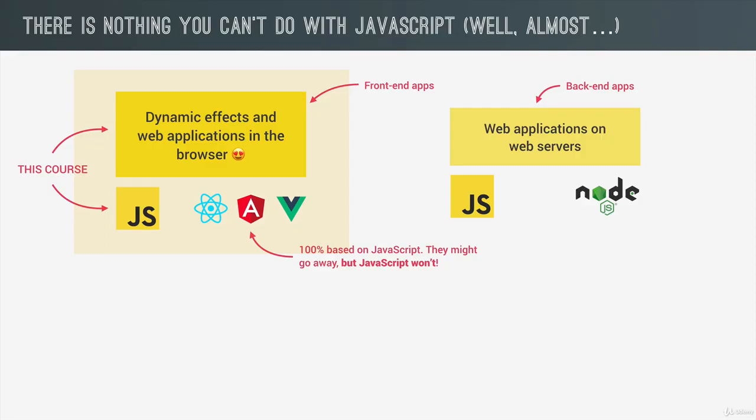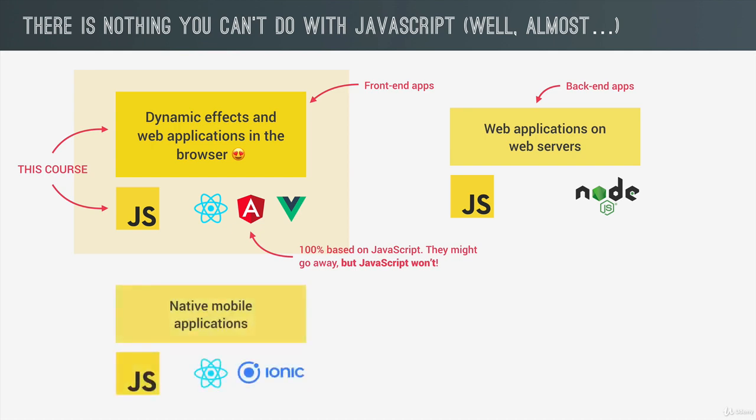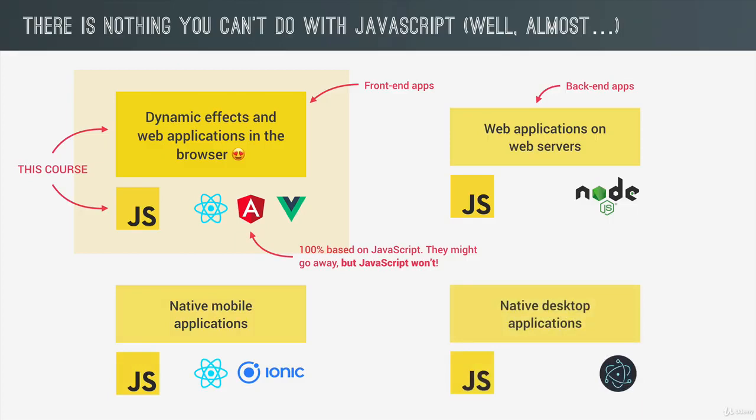All right. And now just to finish, I want to mention that we can actually also use JavaScript to build kind of native mobile applications, as well as native desktop applications for any phone and computer operating system out there. That's because of modern tools like React Native, the Ionic framework, and tools like Electron.